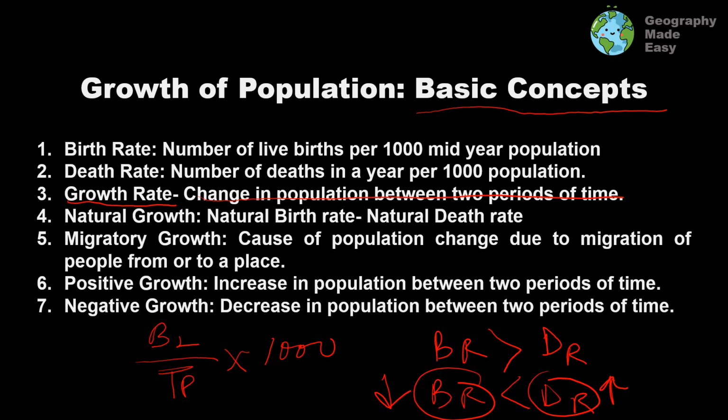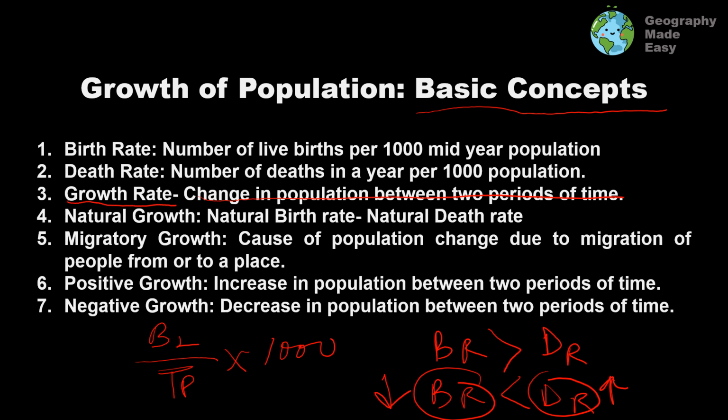So there is a natural growth rate. Nature, in order for the human race to survive, we will have a natural birth rate which will be higher than the natural death rate in most cases. So that is called the natural growth rate. Even in the primitive societies where medicine or the life expectancy of people was less, that is the number of years for which a person lived was less, we see that the birth rate was very high.